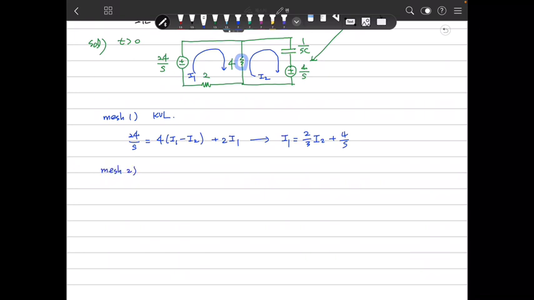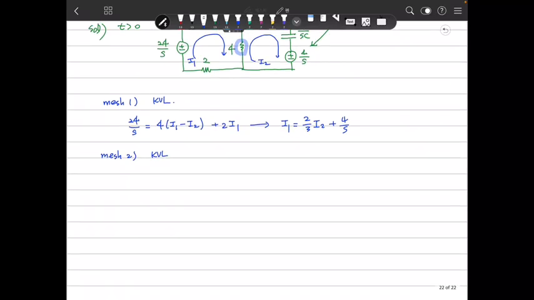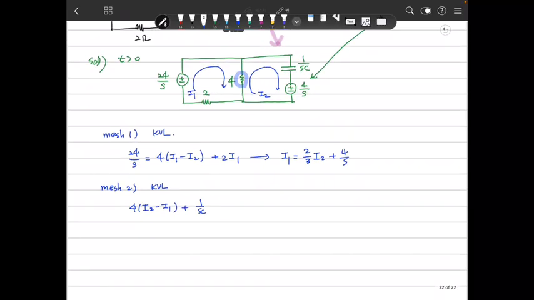And for mesh 2, you also use KVL. Then 4 times I2 minus I1, plus 1 over SC times I2 going through this path. This impedance is 1 over SC. So this is I2, and we add the voltage source, 4 over S. That should be 0 because of KVL.